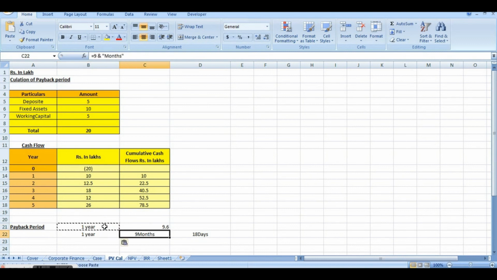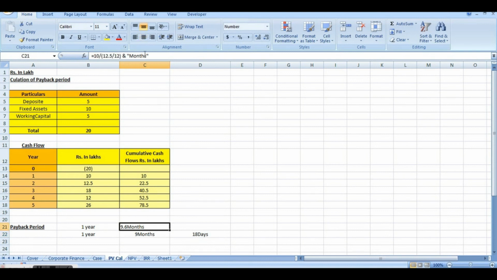So approximately you can say 288 days, or if you want to keep the answer in months only, you can do it this way. Or again in this formula only you can add it, simply use the and sign and then into inverted commas you can write the required words that you want to add.